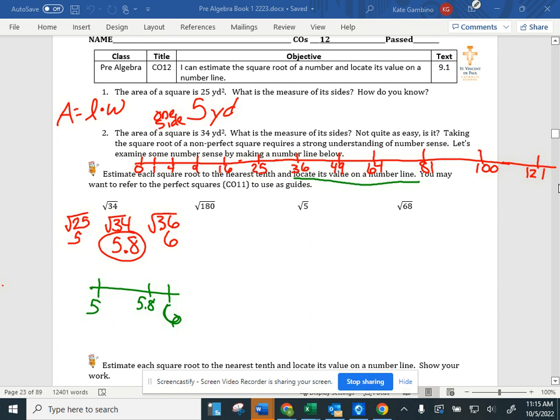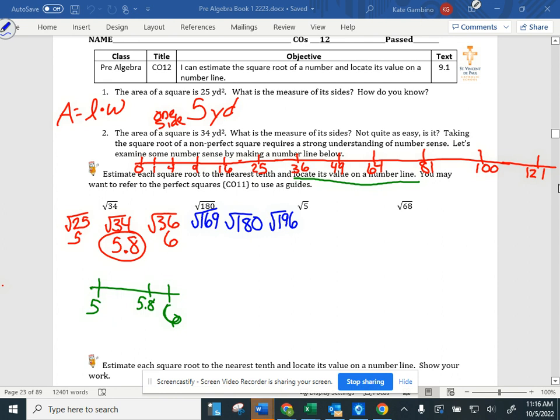So let's do the square root of 180. So I'm going to write my 180. What is the one to the left? The closest perfect square to the left? Gus? 169. And on the right? 196. So what's the square root of 169?